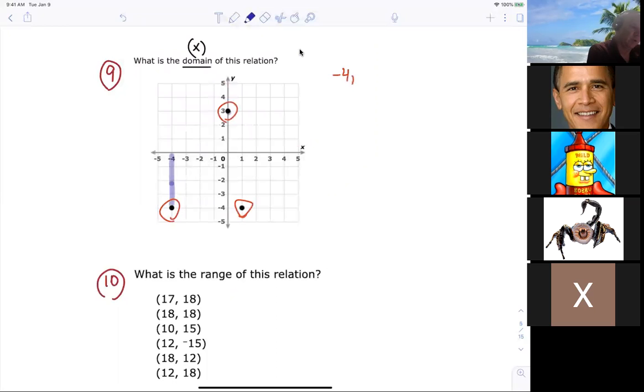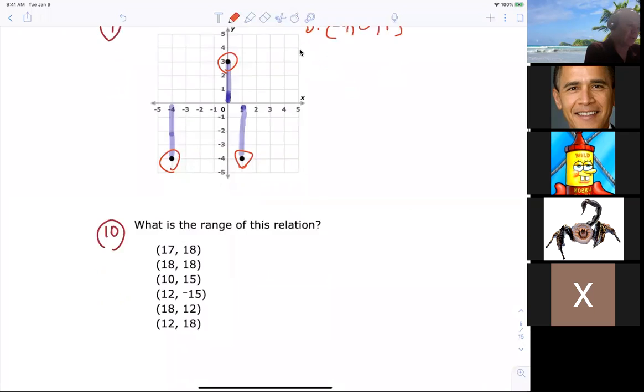This point here, what's the X value? 0. And then what's the X coordinate here? 1. Right? So now this right here is generally the way you write the domain. Domain, colon. All right, so the domain is those X values. Everybody okay with that?